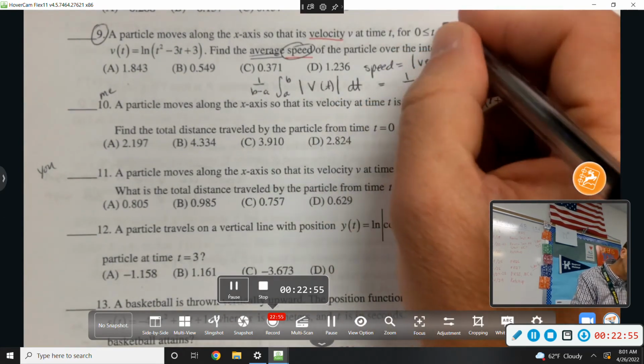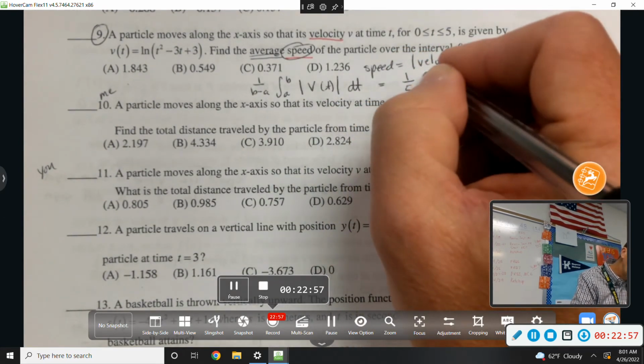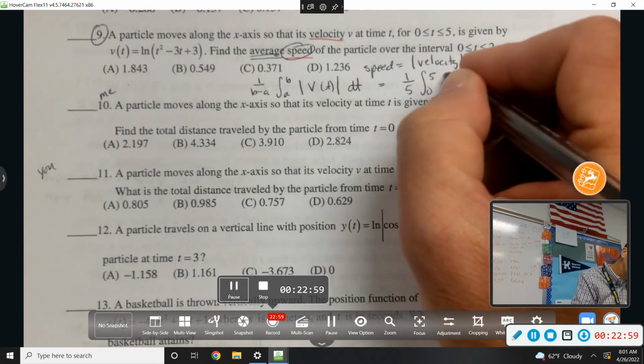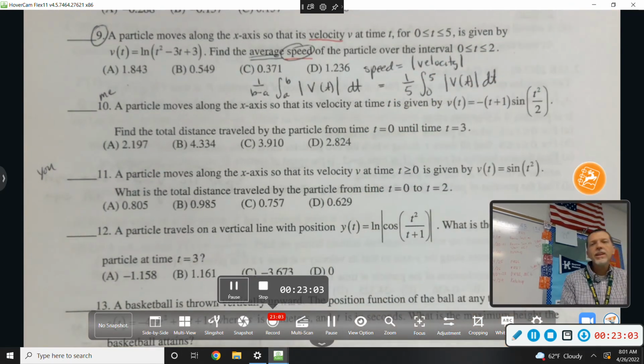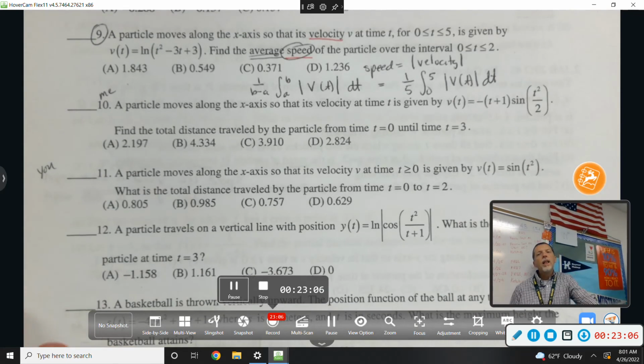So from 0 to 5 would be 1 over 5, integral 0 to 5, absolute value of velocity, dt. There's a couple things this problem is testing, like average value, you got to remember that formula, and the speed velocity difference.